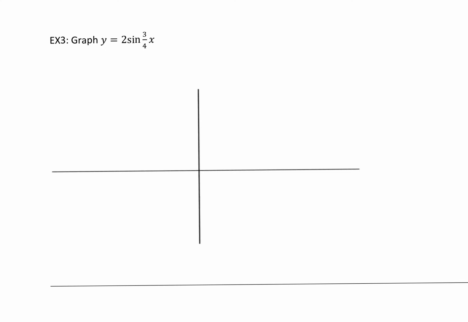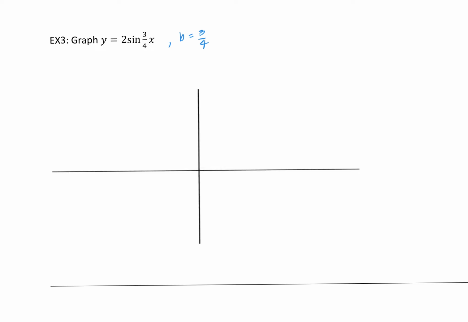Let's go ahead and put these two ideas together and graph transformations where we combine both amplitude and period. In example 3, we have y equal to 2 times sine of 3/4 x. So I can see that I'm changing my period with that 3/4, and I'm changing my amplitude with the 2 on the outside. So I know that I have a b value of 3/4.